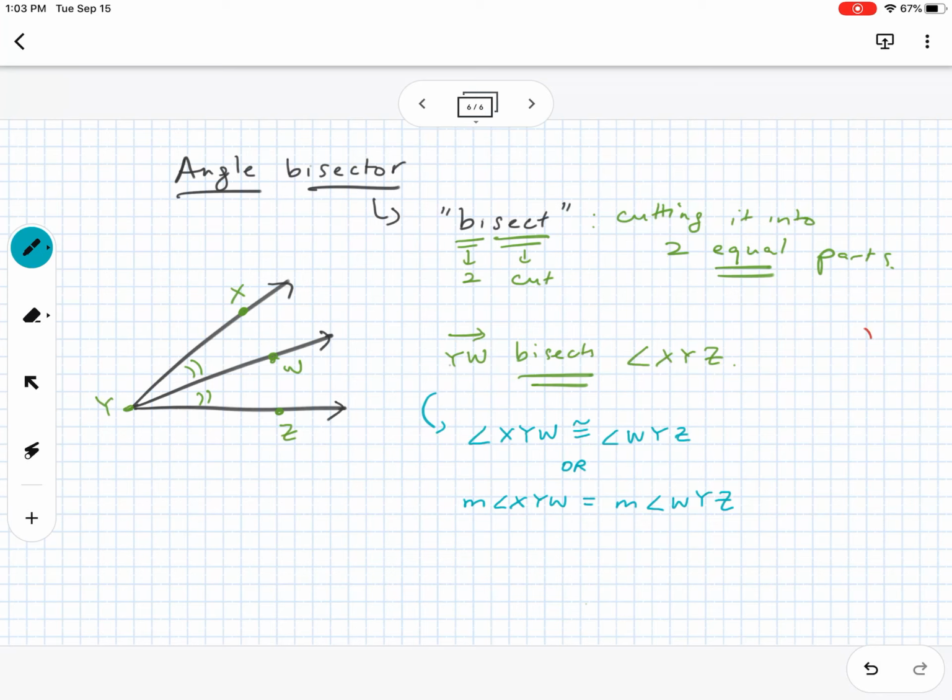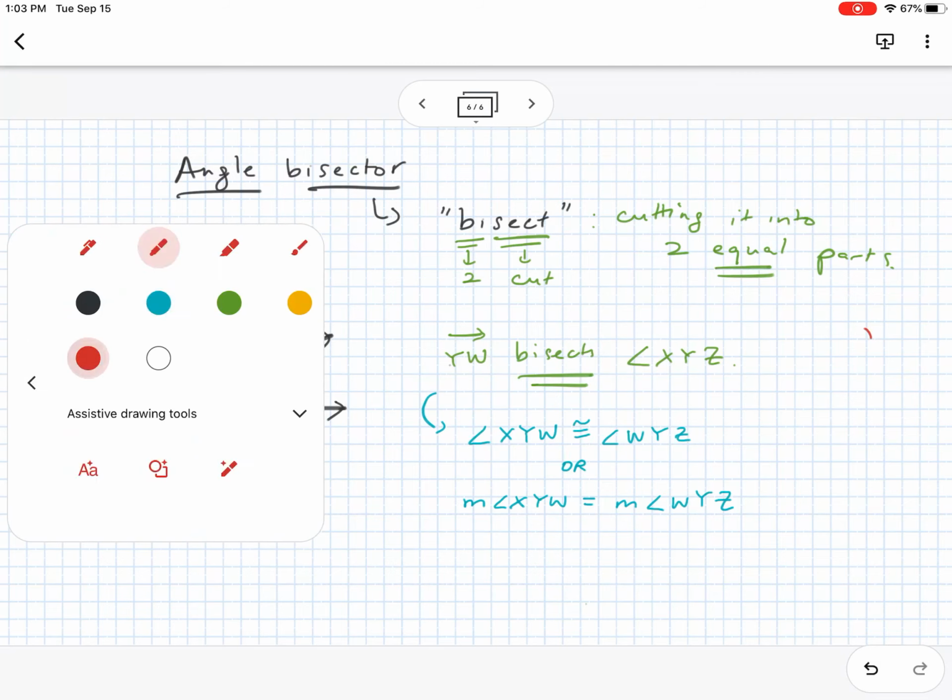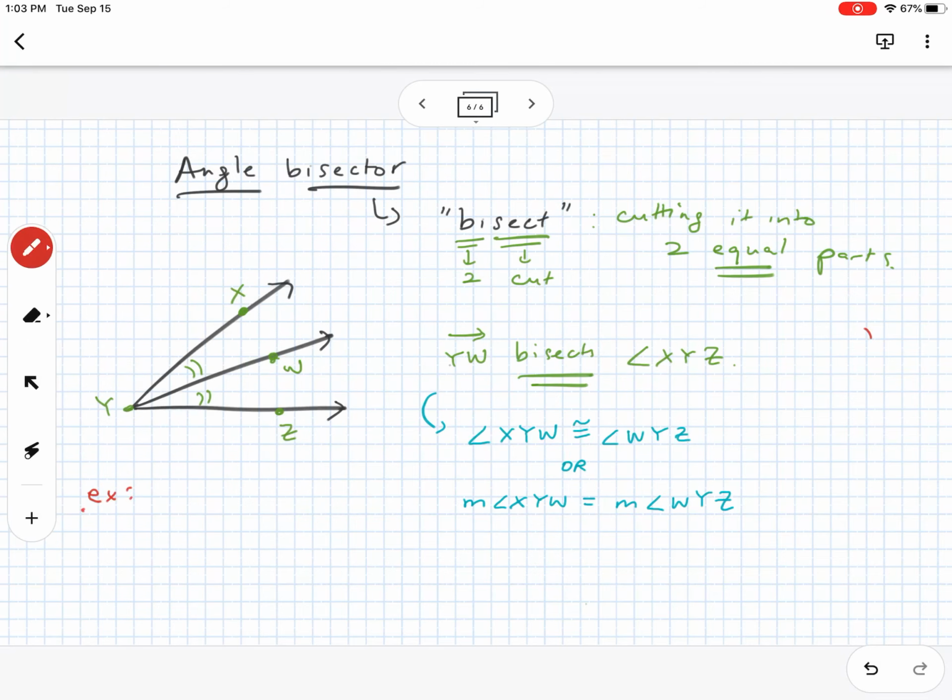Okay. So for example, in this problem, and then this will be the last one, if they said that the measure of angle XYW is equal to 18 degrees, then there's a lot that we can say about this problem. So for example, if they said find the measure of angle XYZ.